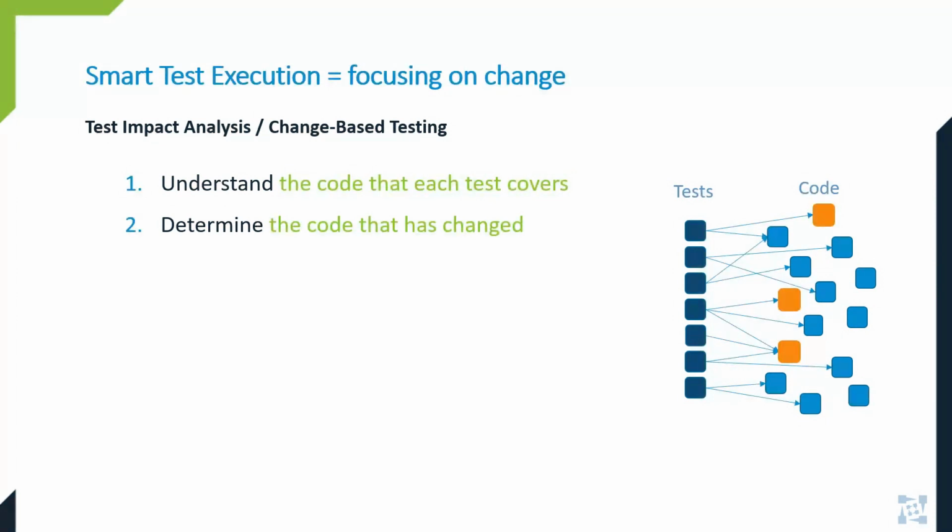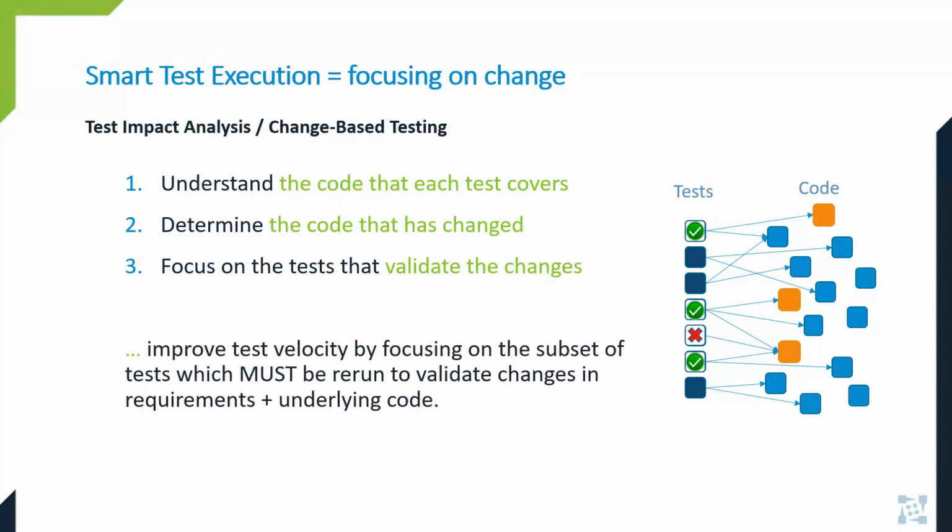Next, we can determine, in the IDE but also by comparing the feature runs with the master branch, which code actually has changed. And when we know which code changed, we can determine which unit tests were impacted by the change. By only executing those unit tests, you will still cover the complete change of your code base.